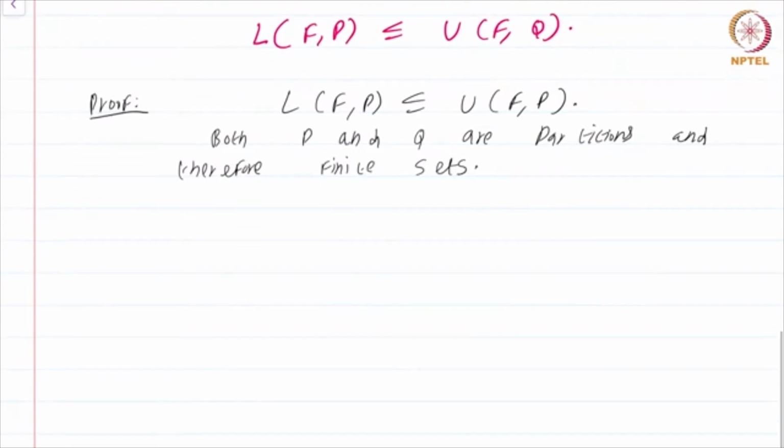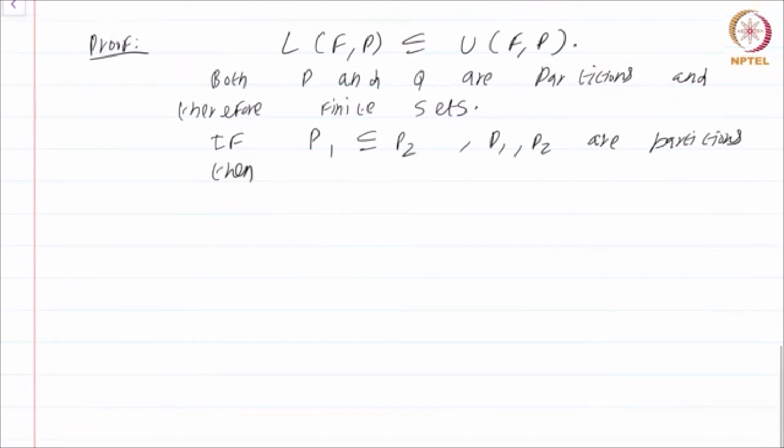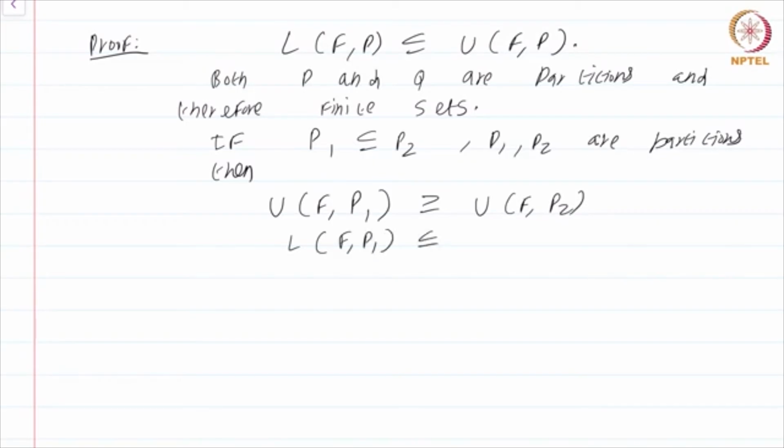First, what we will show is: if P1 contains P2, where P1 and P2 are partitions, then U(f, P1) is greater than or equal to U(f, P2), and similarly L(f, P1) is less than or equal to L(f, P2).